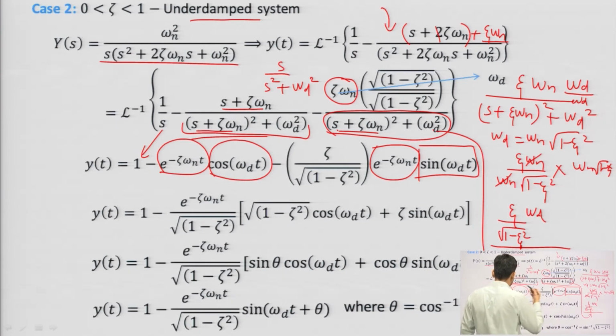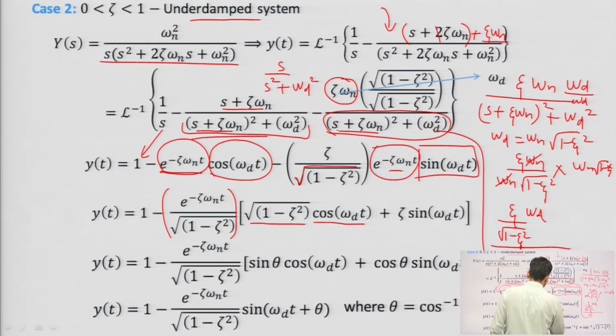So, if I further solve it, this will become an expression like this: exponential of minus zeta omega n t I am taking common, and this term I am taking common. So, this will come outside and this will be in multiplication with this term. Okay. If you remember, we had calculated the value of poles for the second order system.